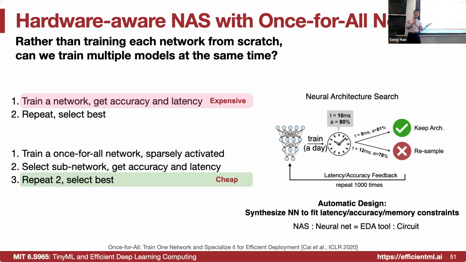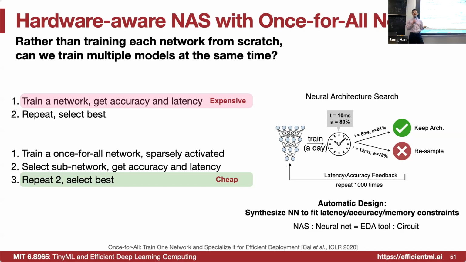You can try subnetwork A, subnetwork B, many different subnetworks. They are trained such that different subnetworks can operate independently. So we no longer require training for this selection, but can just directly obtain the model by sampling from a once-for-all network, which can amortize the cost.